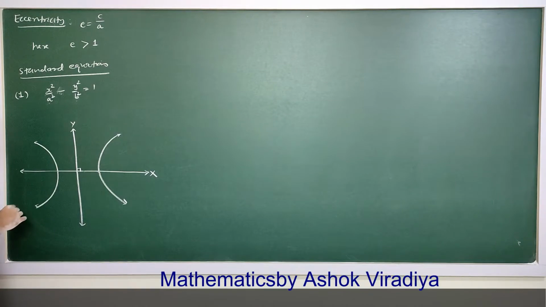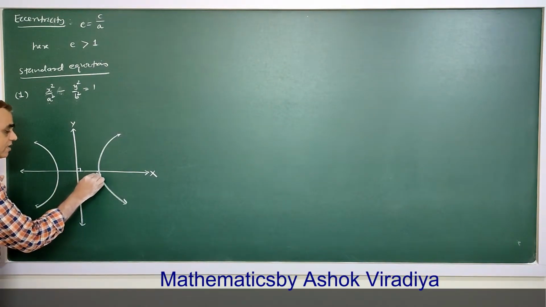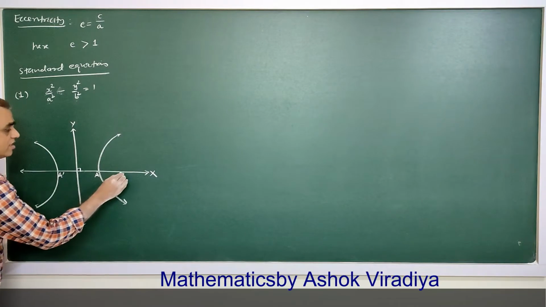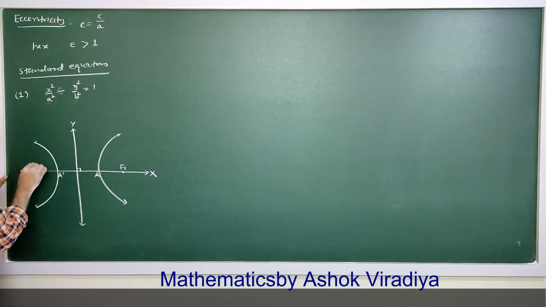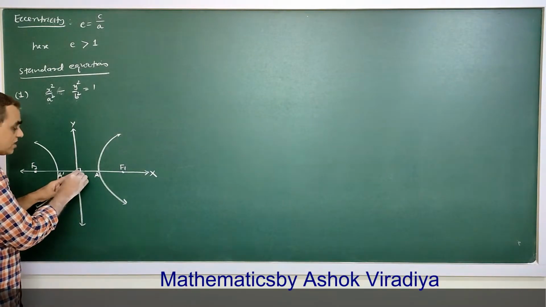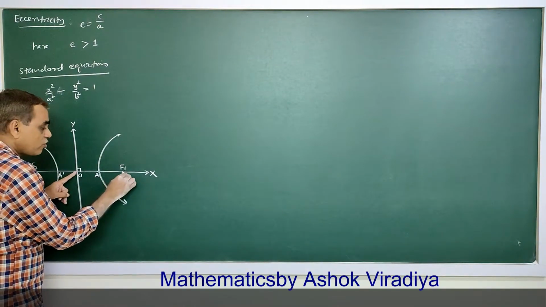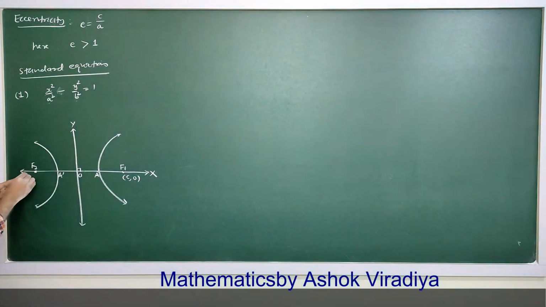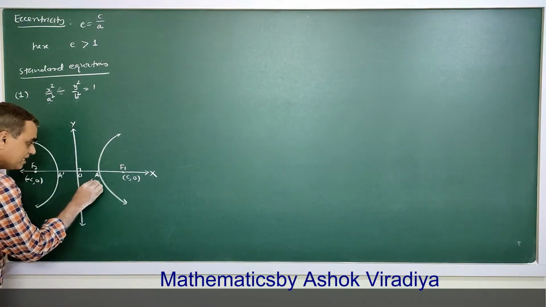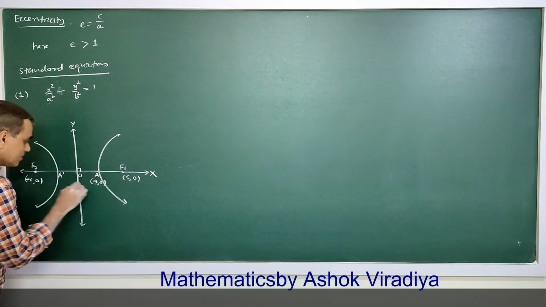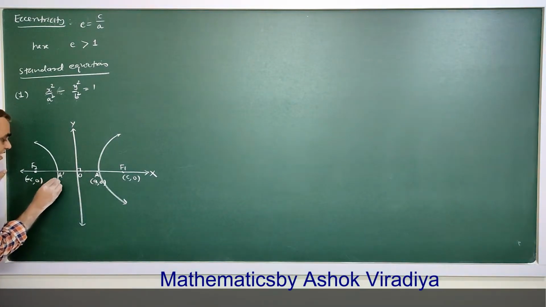Now this point is A, this point is A dash, this is focus F1, this is focus F2. We know that focus is at a distance C, so coordinates of foci are (C,0) and (minus C,0). Coordinates of A, at a distance A, are (A,0) and (minus A,0).